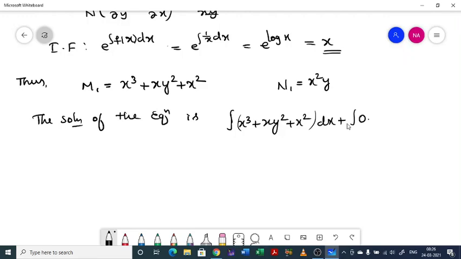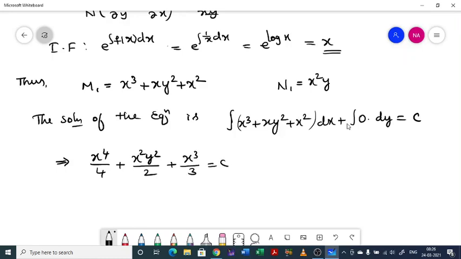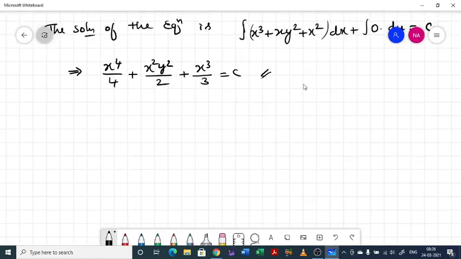So each term should contain x, so definitely it will be 0, equal to c. So that implies x power 4 by 4 plus x square y square by 2 plus x cube by 3 equal to c. So this is the required solution. If you want, you can take LCM and simplify, or else keep as it is.